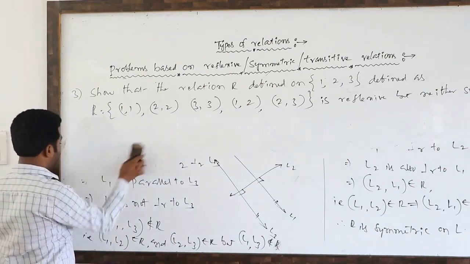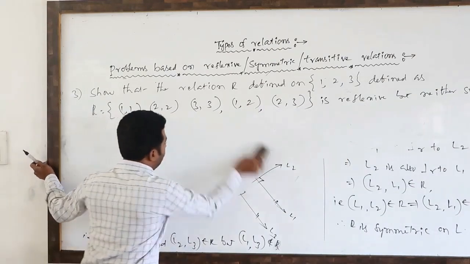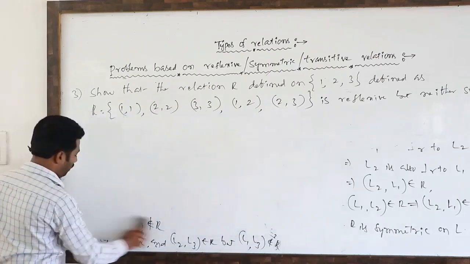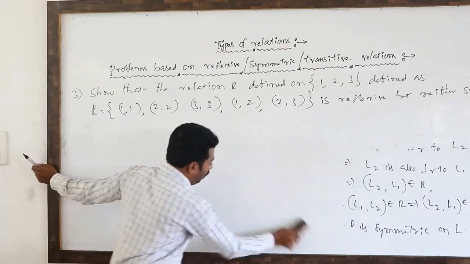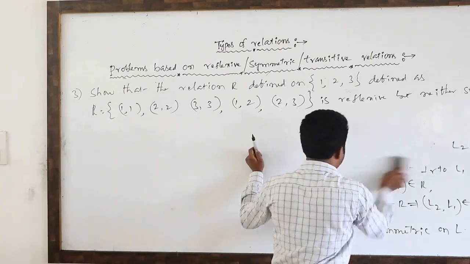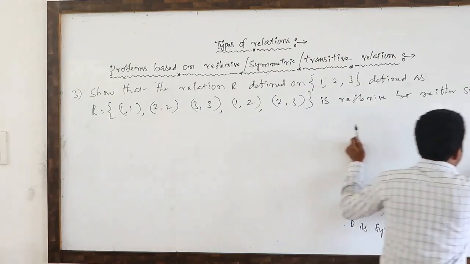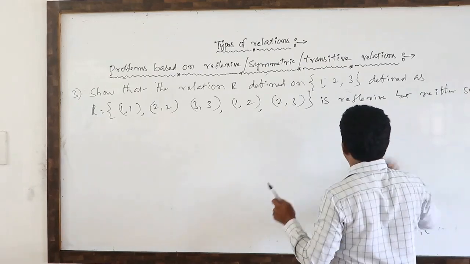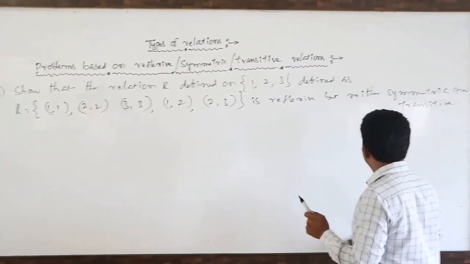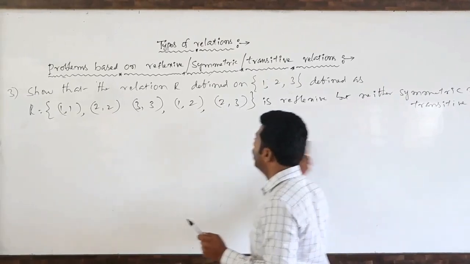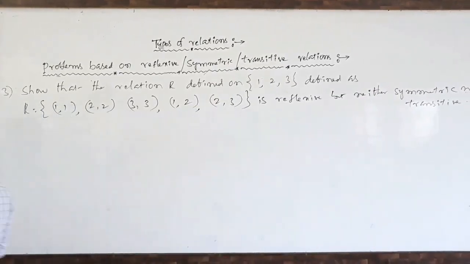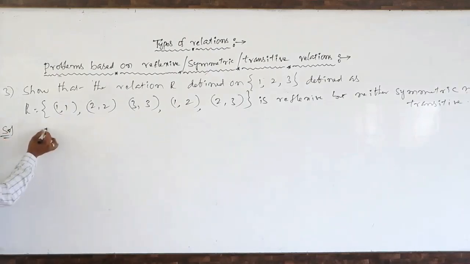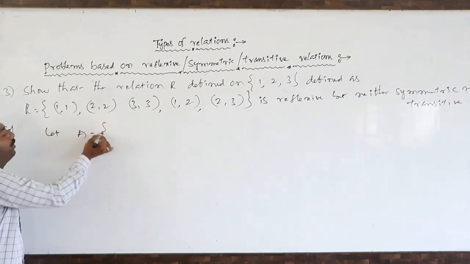See there, one non-empty set they gave, that is the set 1, 2, 3. On that non-empty set they define one relation, that is capital R. So what we have to prove? Capital R is reflexive but neither symmetric nor transitive. We have to prove. See here. First we have to assume the given non-empty set.